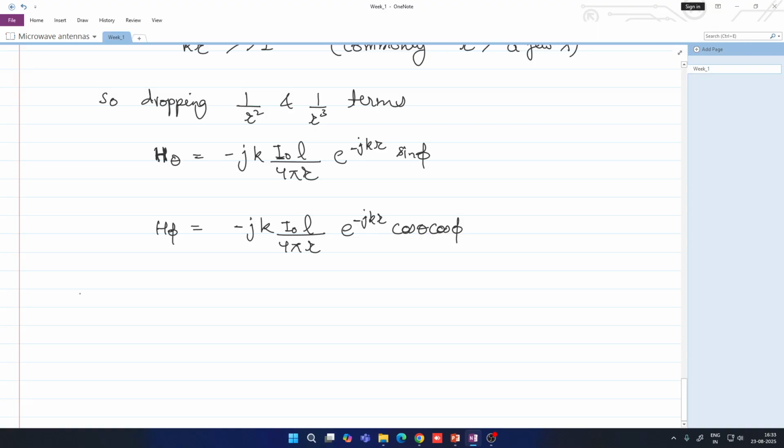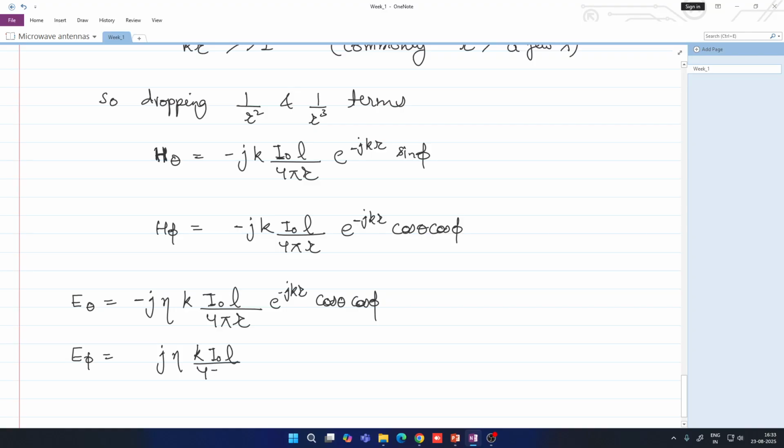Now we are solving it for the electric field E theta, which will be equal to j eta k I naught L divided by 4 pi r into e to the power minus j k r cos theta cos phi, and E phi will be j eta k I naught L divided by 4 pi r e to the power minus j k r sin phi.